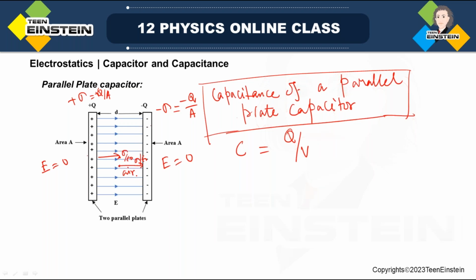Since both are directed in the same direction, the total electric field inside will be sigma by 2 epsilon 0 plus sigma by 2 epsilon 0. So this will be sigma by epsilon 0.